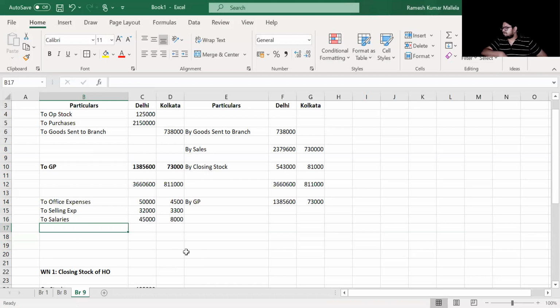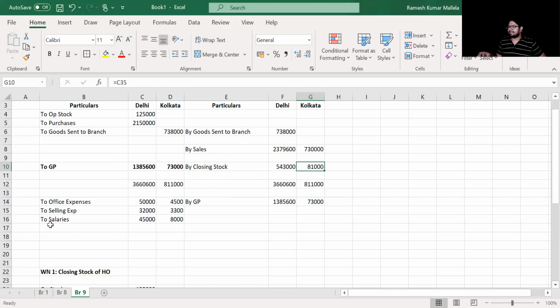Now we are supposed to adjust branch stock reserve in head office books. Okay. Now if you observe, goods sent to branch by head office is 7,38,000, of which 81,000 is left in the books of accounts of Kolkata branch. To that extent, I will have to eliminate profit in head office books. Why head office books? Because head office only made that profit here. In its gross profit only that amount is included.